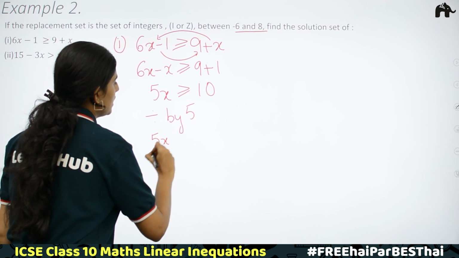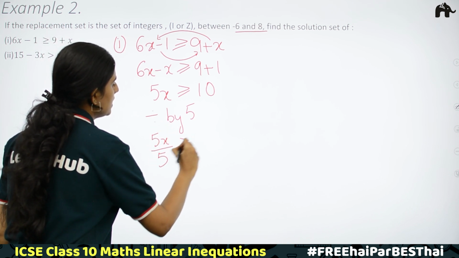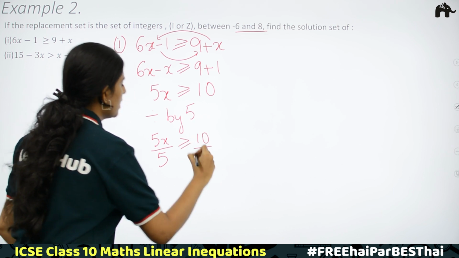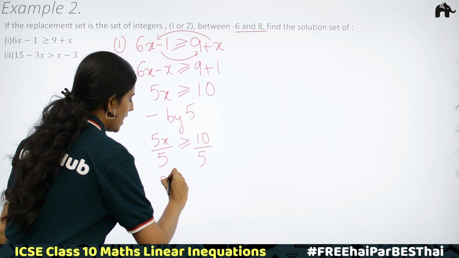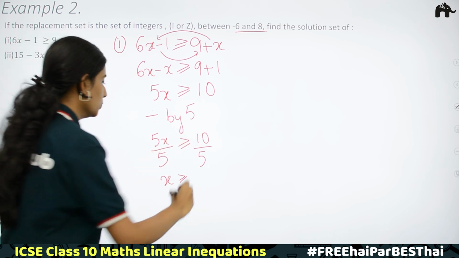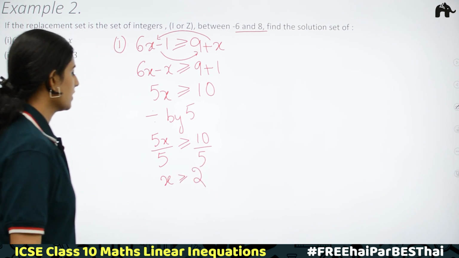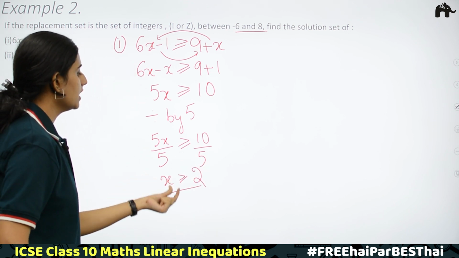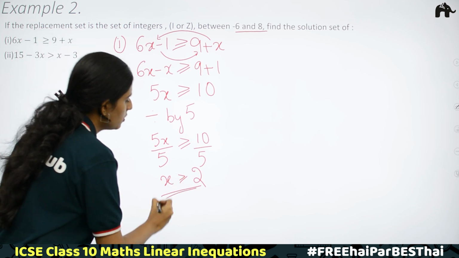5x by 5 is greater than or equal to 10 by 5. 5x by 5 is x, greater than or equal to 10 by 5 is 2. So here we got x is greater than or equal to 2.